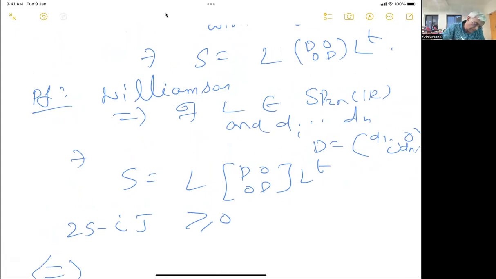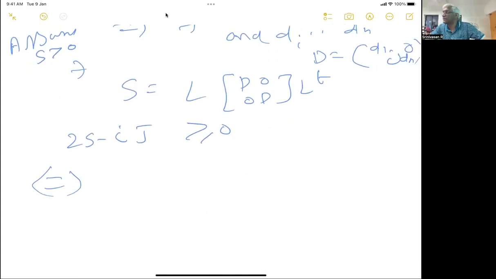So assume, for the time being, S is greater than 0. Covariance can be 0, some part of it may be 0. Zero means it is just not invertible. That is all. The eigenvalue can be 0. It is not the 0 matrix.